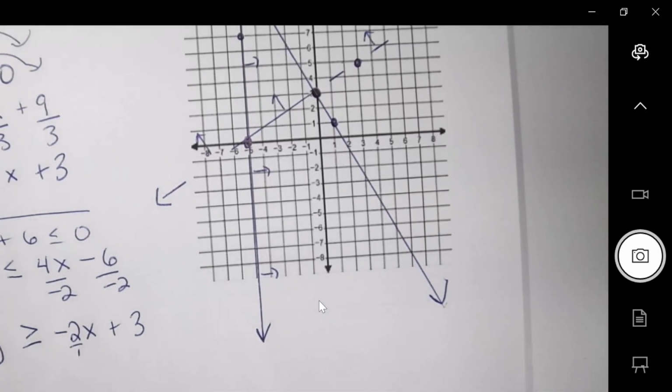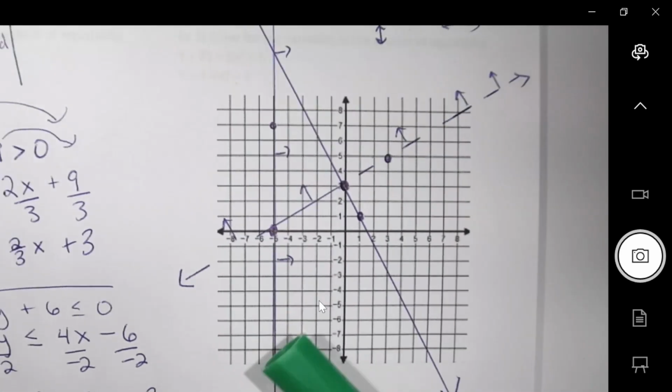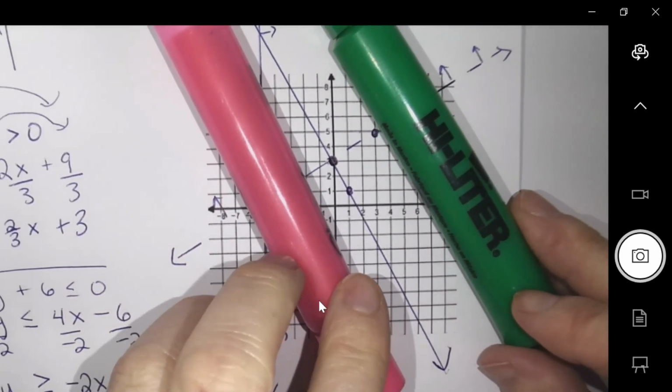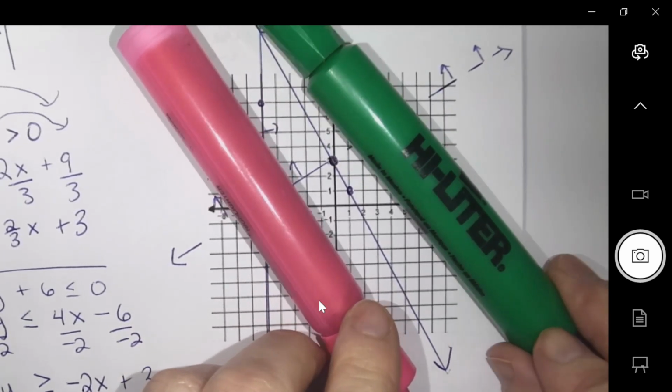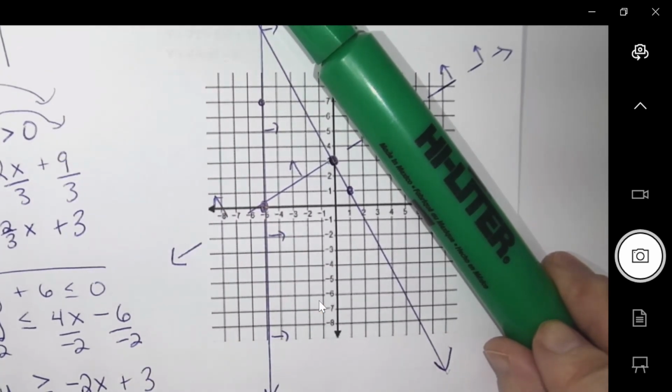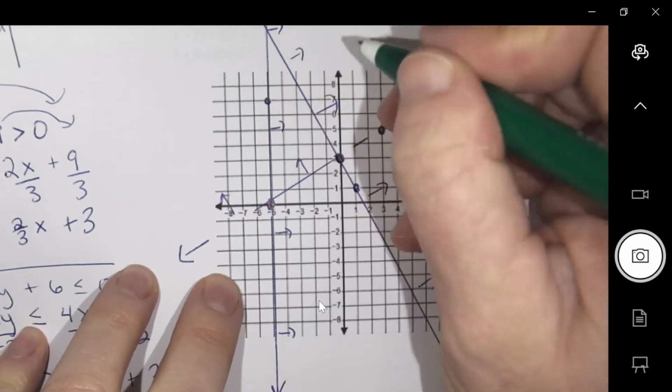Okay, this inequality now says greater than. So here on this line, which color is angling upward? Green. Green would angle upward. So I'm going to do some arrows like that.